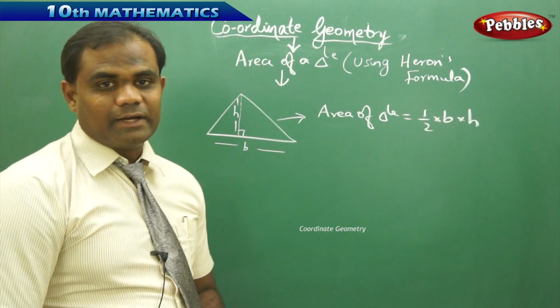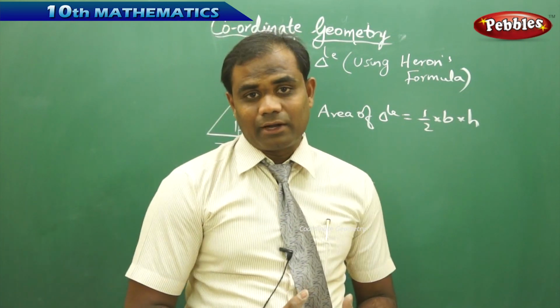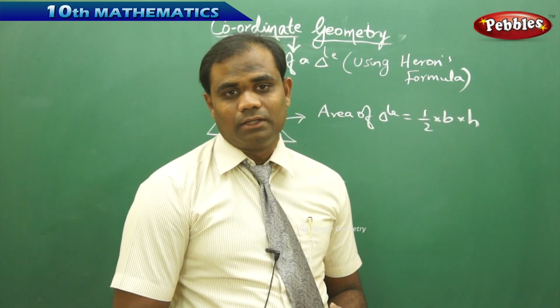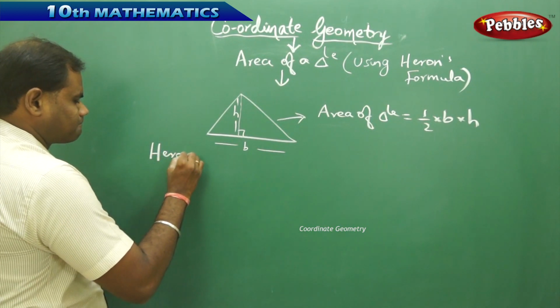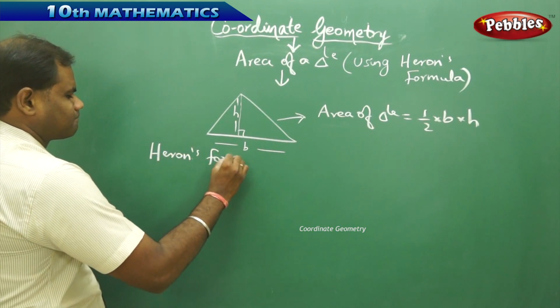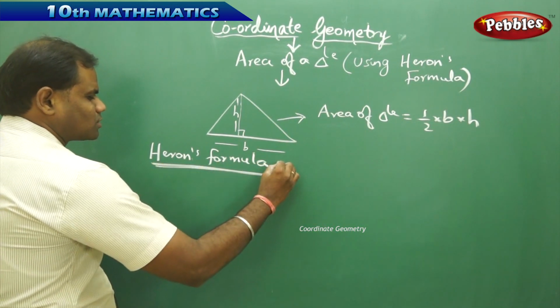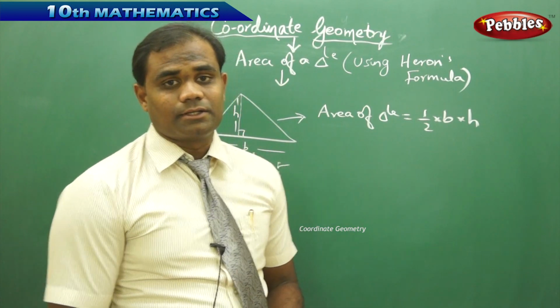In that case, where the height is not given, an ancient mathematician called Heron derived a formula called Heron's formula. Heron's formula is exclusively used only when the sides of the triangle are given and the height isn't given.